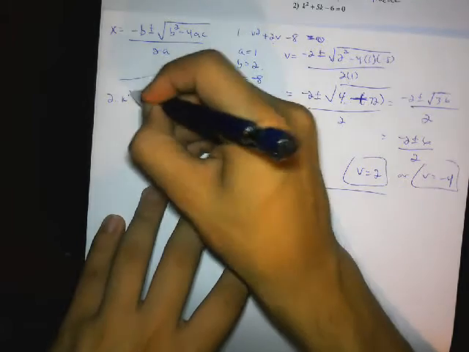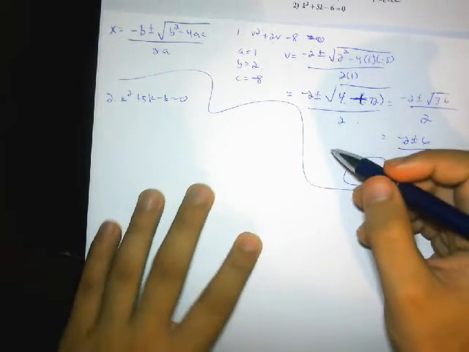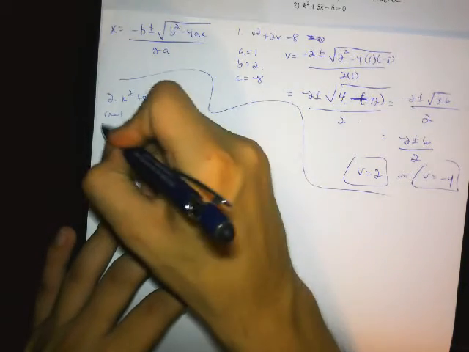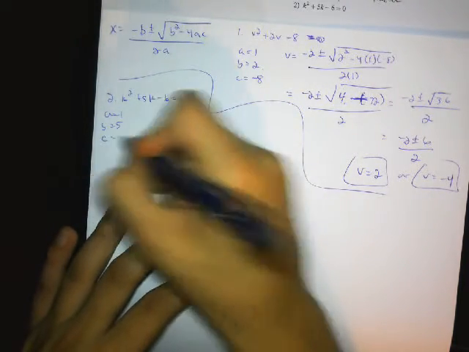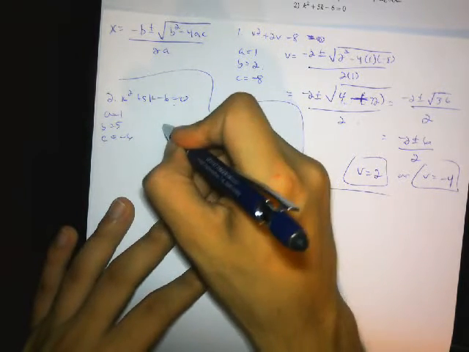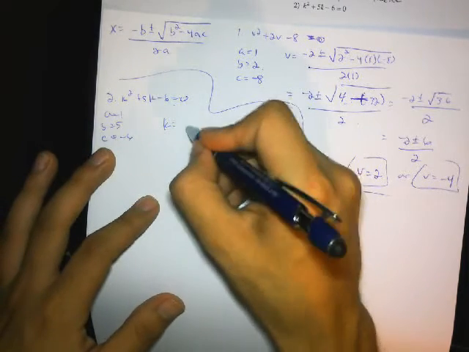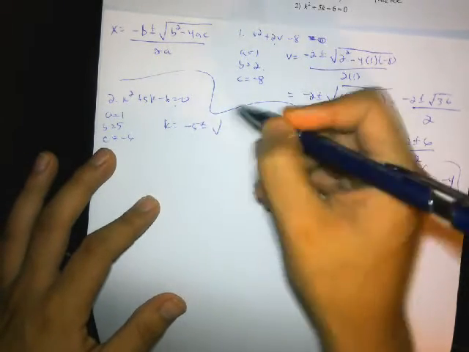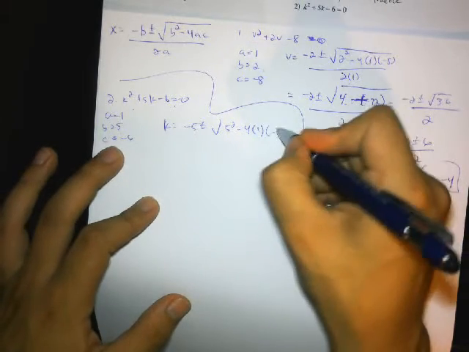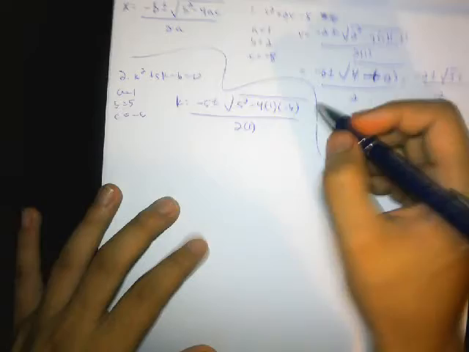Number 2 is k squared plus 5k minus 6 is equal to 0. Here my a is 1, my b is 5, and my c is negative 6. So my quadratic formula is k equals negative 5 plus or minus the square root of b squared minus 4ac, all over 2a.